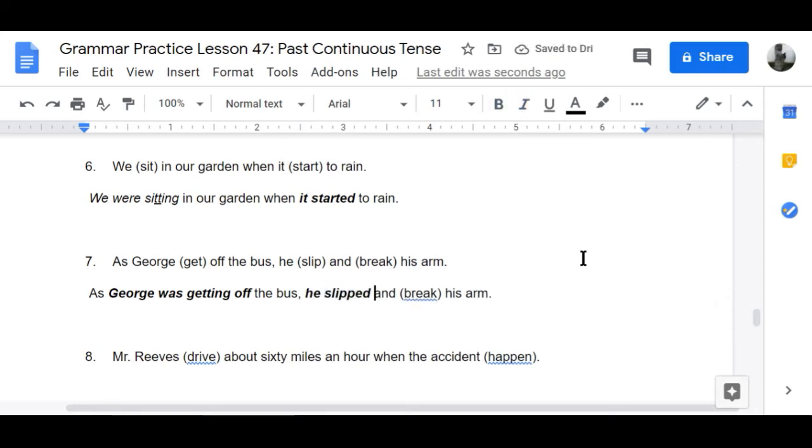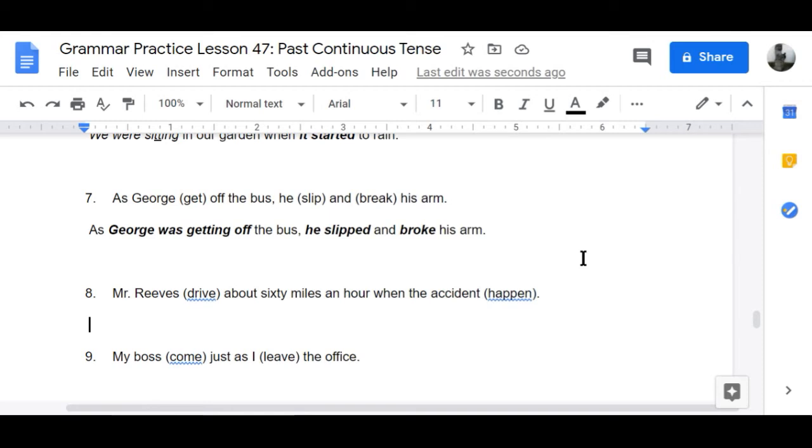He slipped and broke his arm. I hope George is fine now. So, as George was getting off the bus, he slipped and broke his arm. Guys, it's not a real thing, okay? Hopefully, it's not a real thing. So, I hope all the Georges in the world are fine.